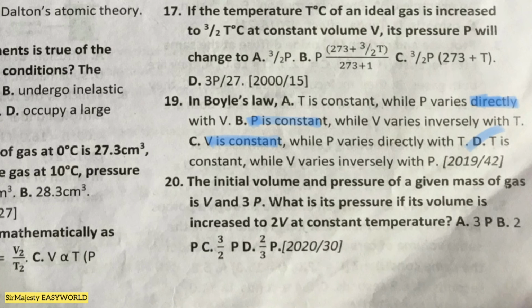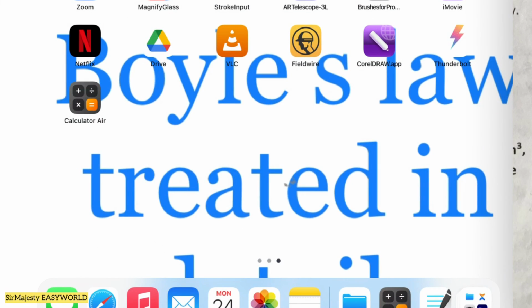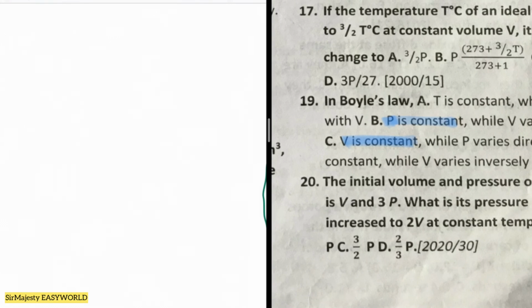Then 20 says the initial volume and pressure of a given mass of a gas is V and 3P. Then it asks, what is its pressure if the volume is increased to 2V at constant temperature? This is exactly the Boyle's law we are talking about. So we will use this note here.